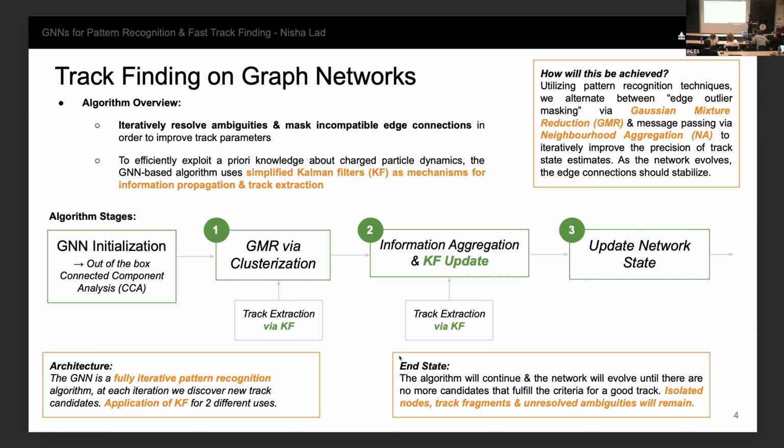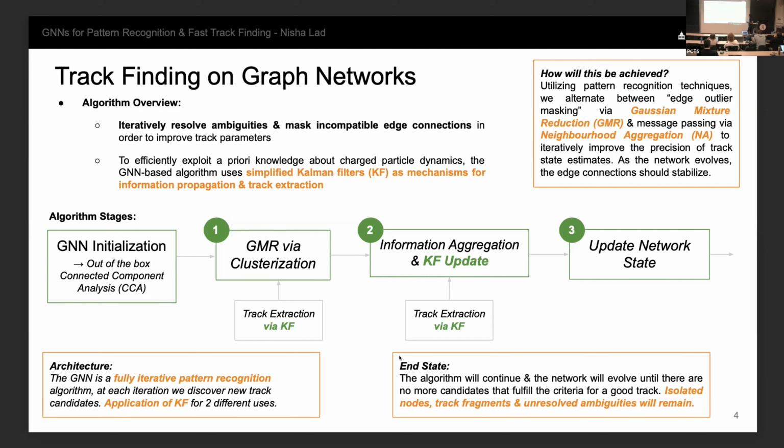So to walk you through the algorithm then, the first stage is to obviously initialize the GNN, with the nodes and the edge connections it pairs. And then we apply an out-of-the-box connected component analysis to initially separate the GNN into smaller, more manageable subgraphs. The first iteration is then a Gaussian mixture reduction, GMR, clusterization.